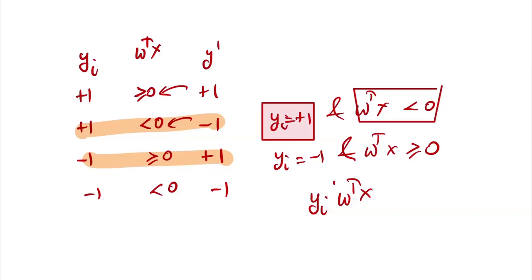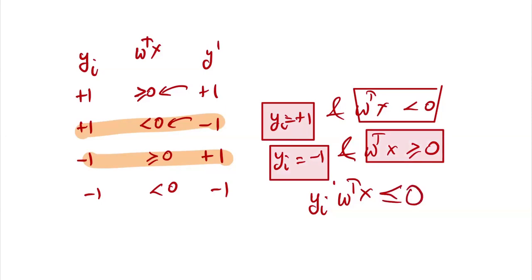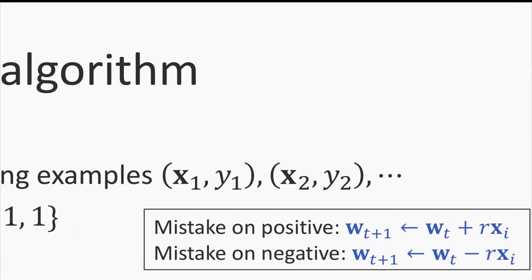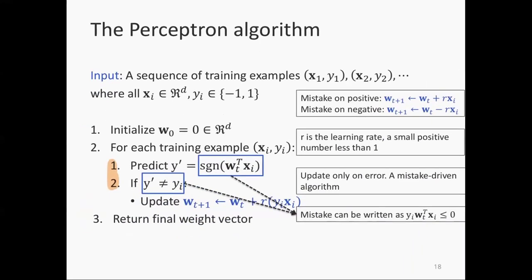In the second case, you're multiplying -1 with a positive number. In both cases, yi W transpose X is negative. That means you make an update only when yi W transpose X is negative. So I can write these two rows as saying if yi W transpose X is less than or equal to 0, then make the update.